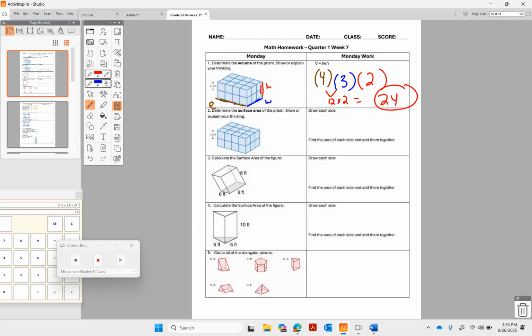Number 2, determine the surface area. So I have told students that you should look at these sides. I want to use different colors now, so I'm going to do that color. I haven't used orange. I'm going to use green up here.